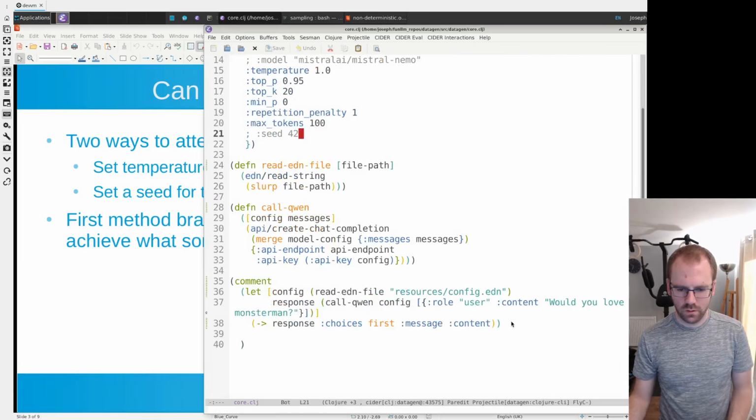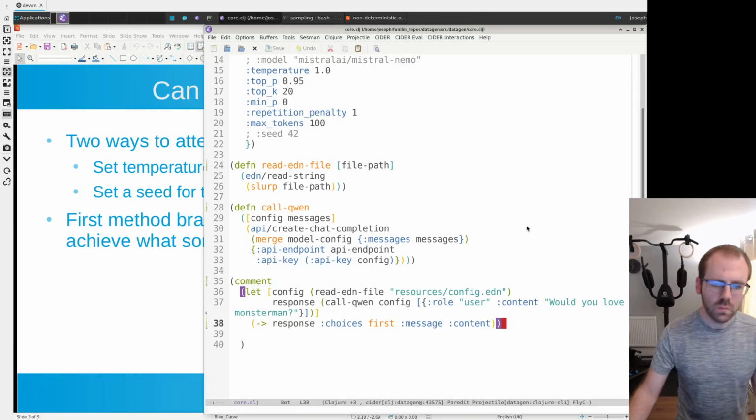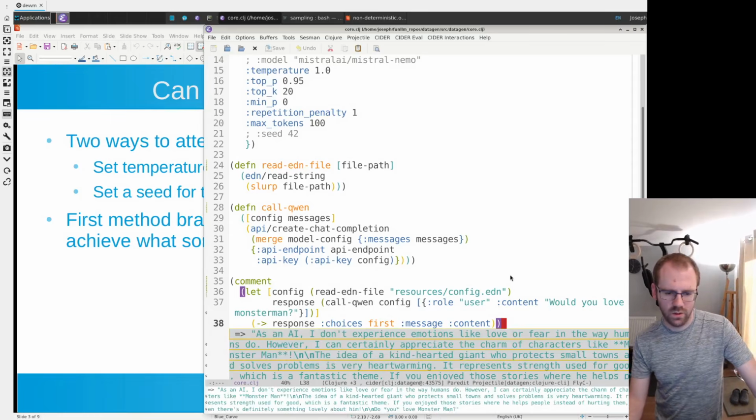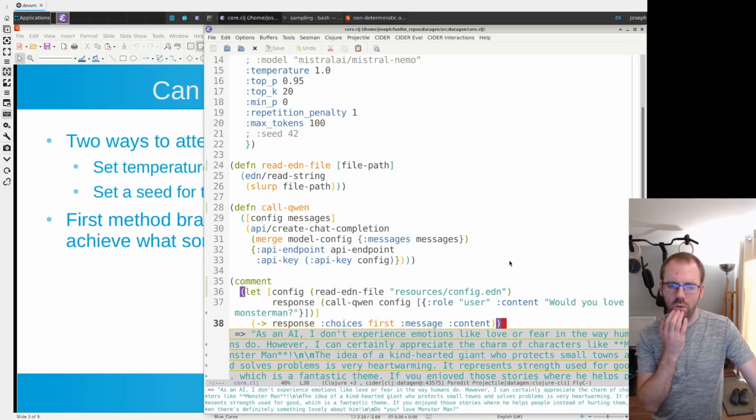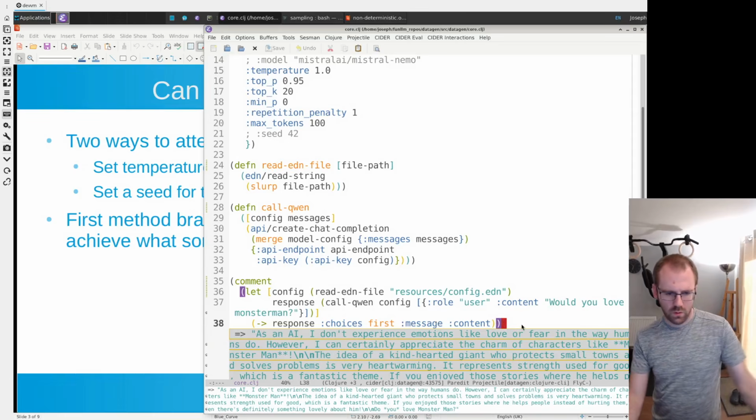So let's start by just, this will call Qwen, asking it, would you love a monster man? I like this prompt for LLMs because they find it a confusing question and they don't really know how to answer it. So here we've got our answer. I'm just going to demonstrate that it gives us a different answer every time.